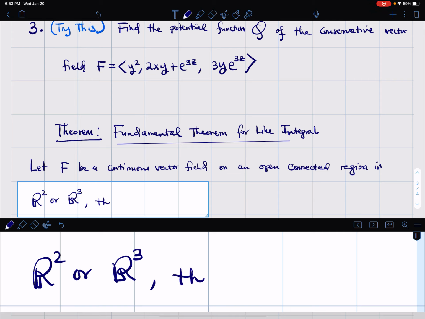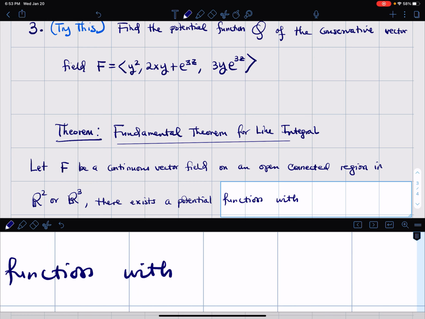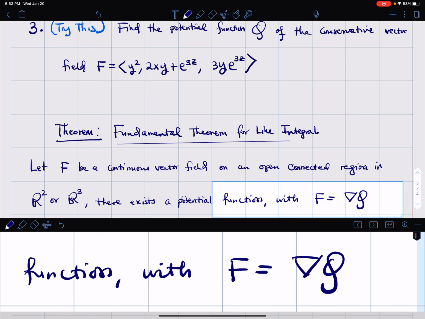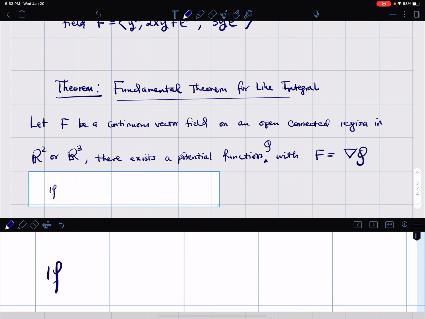then there exists a potential function, the function is phi, with F equals the gradient of phi, if and only if the following is true.